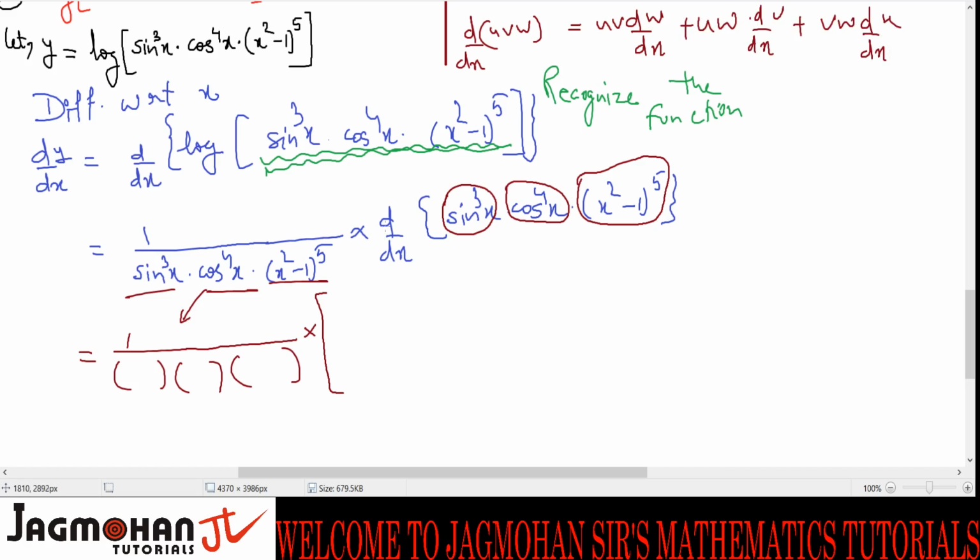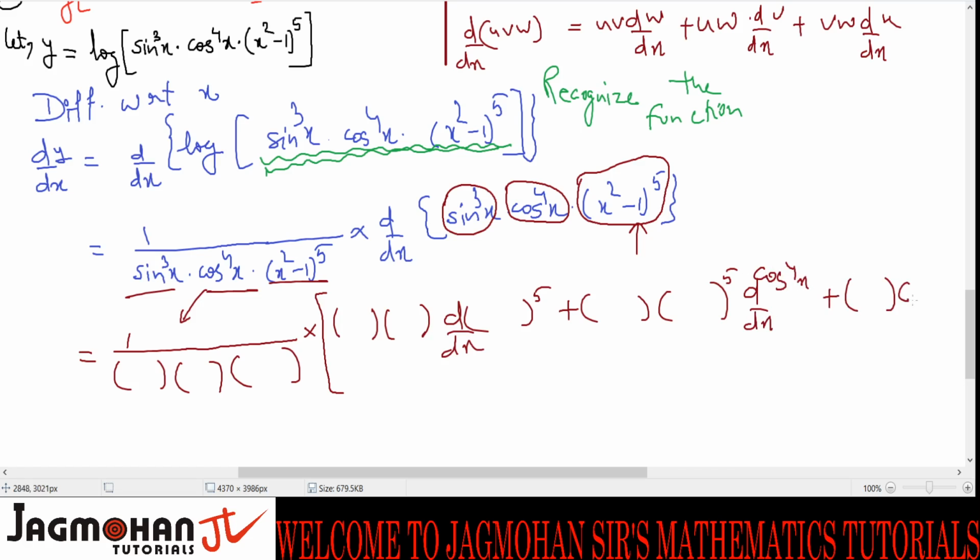You go for this. So the same thing here will happen. See, 2 brackets d by dx of w, this one. You understand? Then another 2 brackets d by dx of this one, cos raised to 4x.